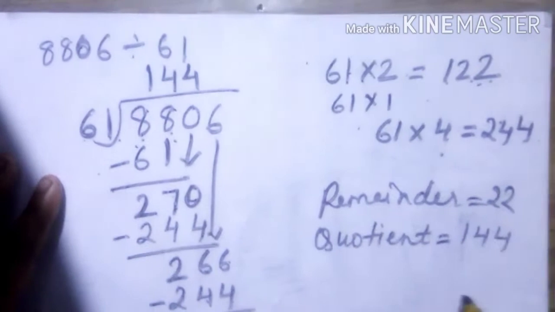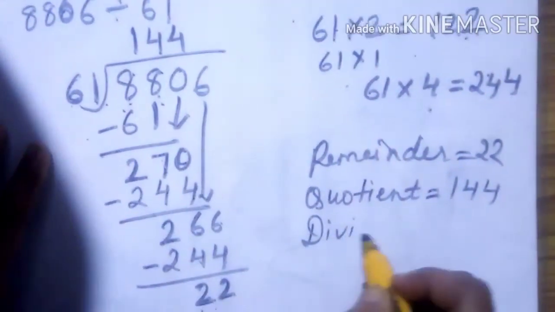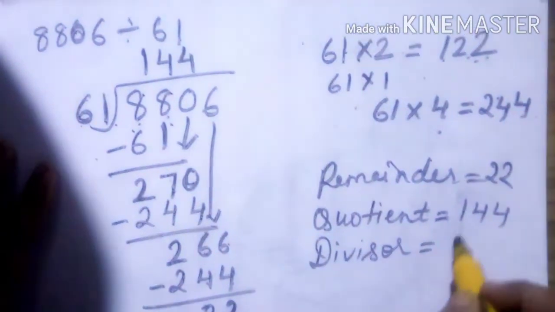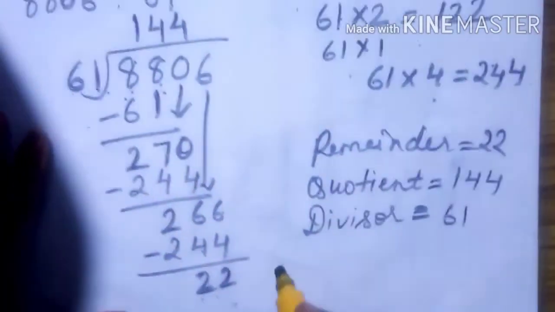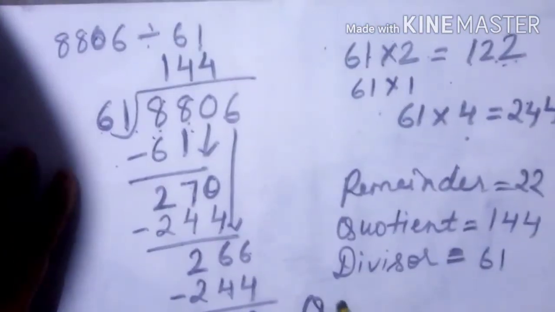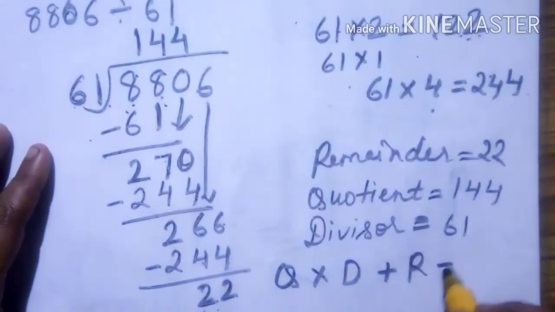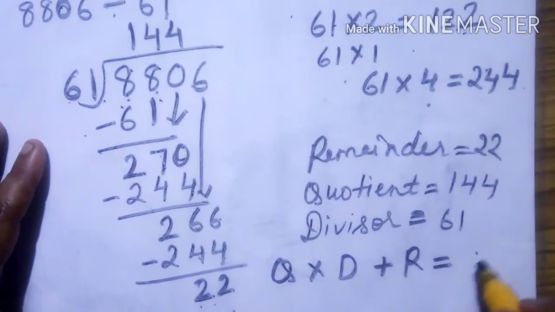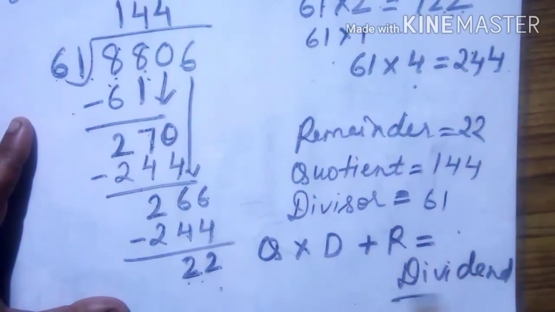The divisor is equal to 61. Now you can check. How do you check? Check quotient into divisor plus remainder, and you should get the dividend. When you do this, you will get the dividend.